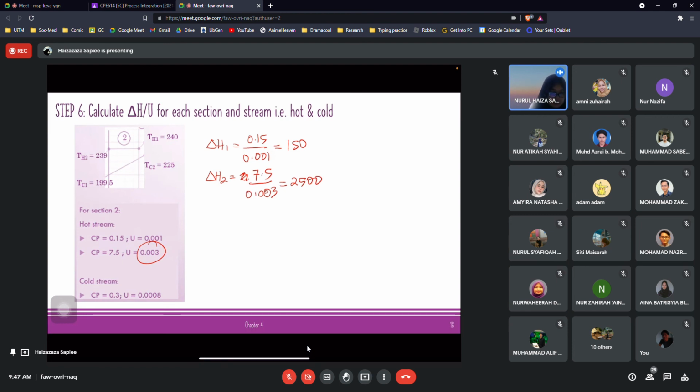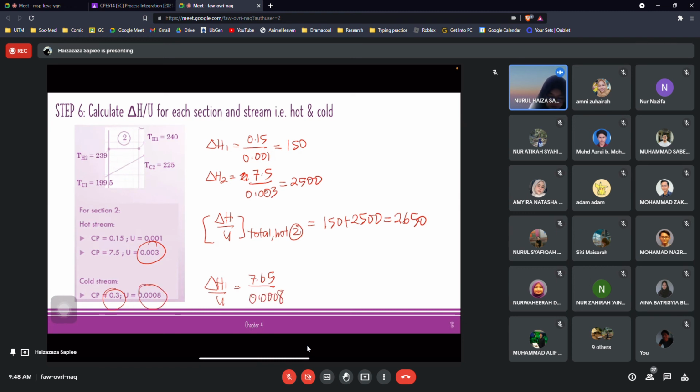And after that, kita akan tambah lah. So your delta H over U for your hot total for section 2 is going to be 150 plus 2500. So kita akan dapat lah 2650. And this is that value. And you do the same thing for your cold stream. So cold stream ni hanya ada satu kan. So kita akan dapat dia punya delta H1 over U. So it's just going to be 7.65 divided by 0.008.